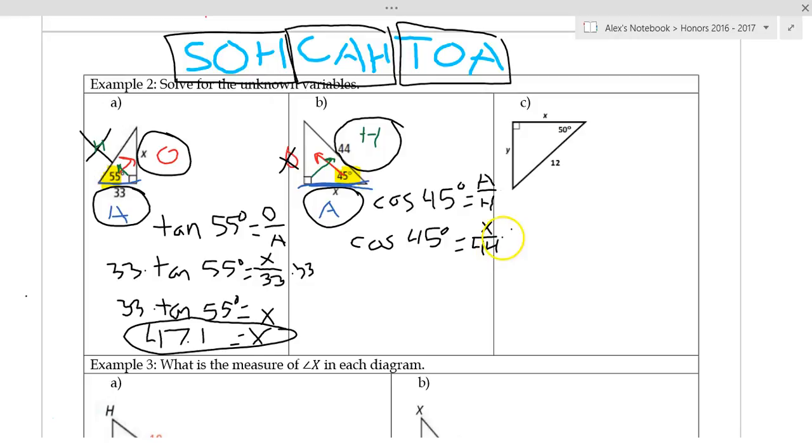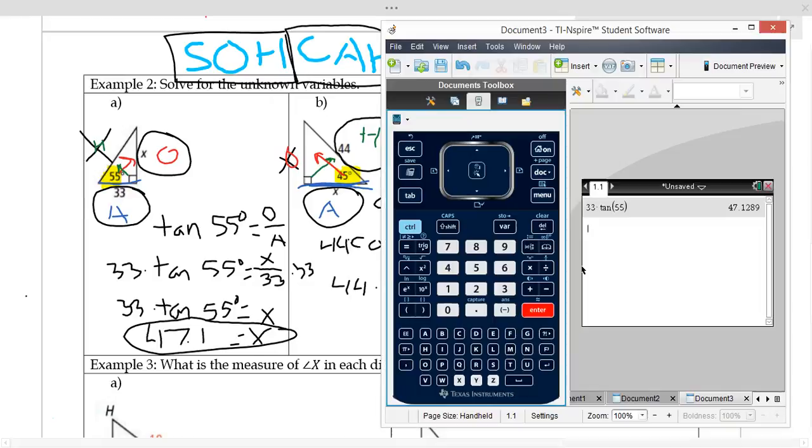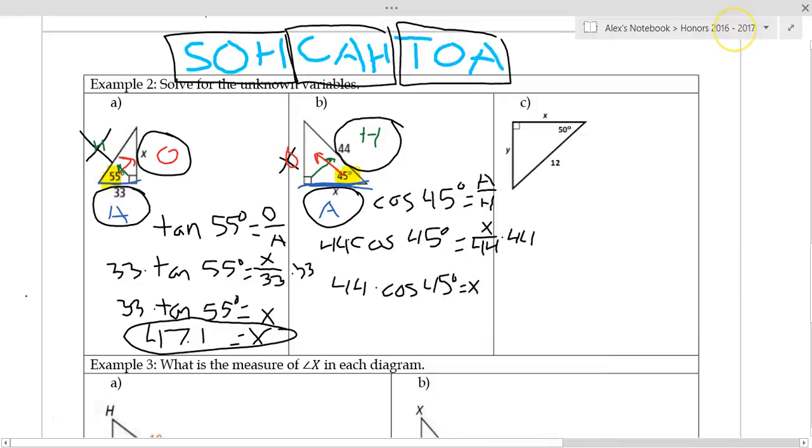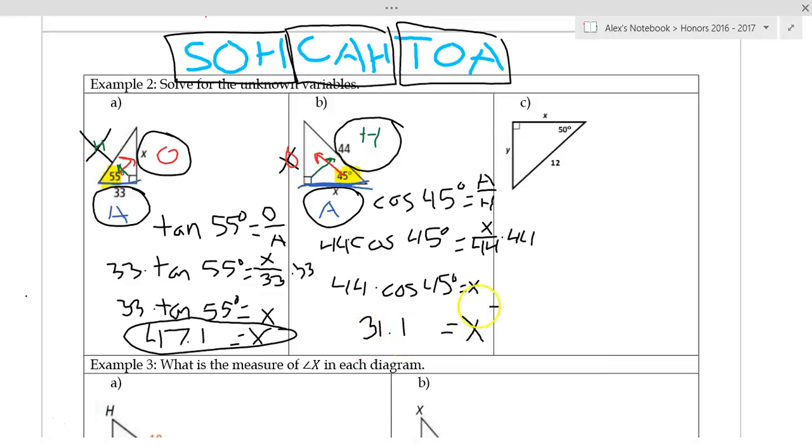So here I'm going to multiply both sides by 44, and I get 44 times the cosine of 45 degrees equals x. Again, I am just typing that into my calculator. So I get 44 times, under my trig menu, the cosine of 45 degrees. And here I'm going to get 31.1. So x equals 31.1.